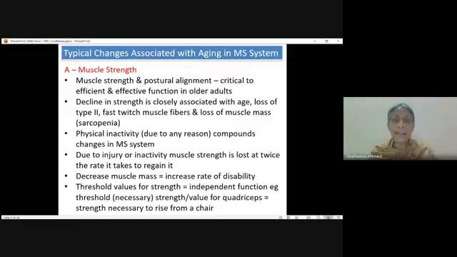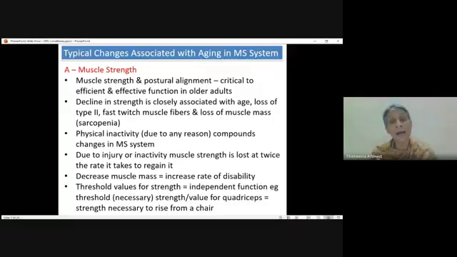Now we'll see the typical changes associated with aging that we see in the musculoskeletal system. First of all, in aging, we see a decrease in muscle strength. And muscle strength is essential for postural alignment.